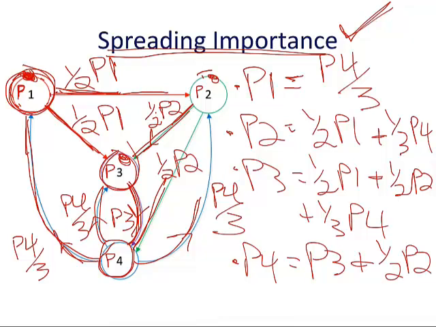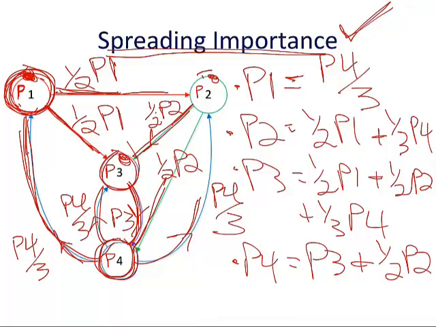So what we've basically done here is equate each node's importance to the sum of the importance that is spread to it by those hyperlinks that point to it. So we're taking into consideration the importance of each node that is pointing to a given node, and using that rather than the in degree to determine the node's importance.